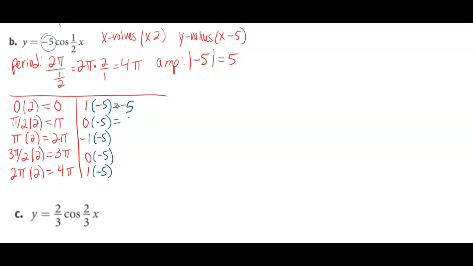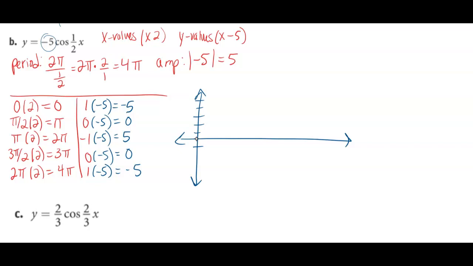So we get negative 5, 0, positive 5, 0, negative 5. So my amplitude is telling me my max and min, that 5, negative 5.